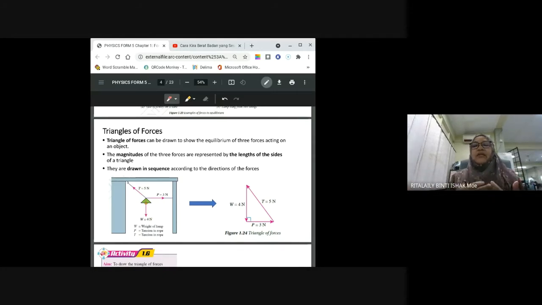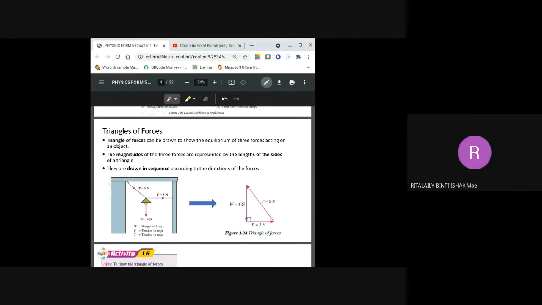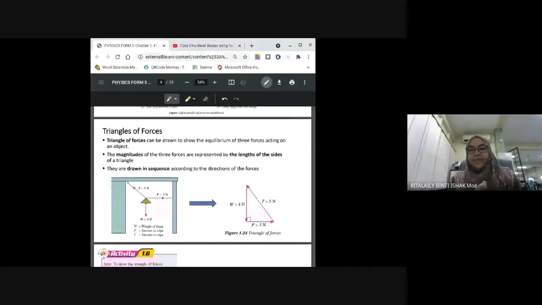But what if the forces acting on an object are at a certain angle? As you can see here, we have a lamp and two ropes holding the lamp, and the lamp is stationary. So the system is in force equilibrium.